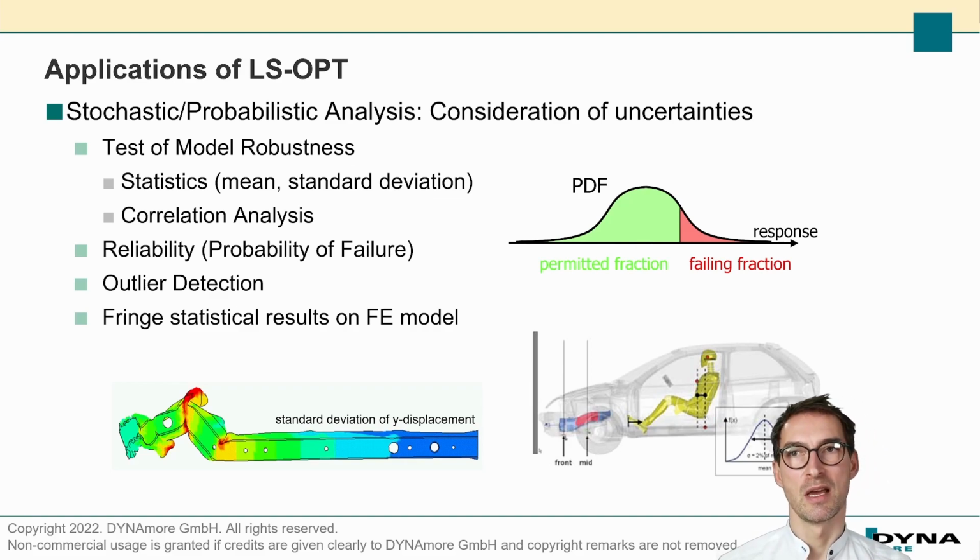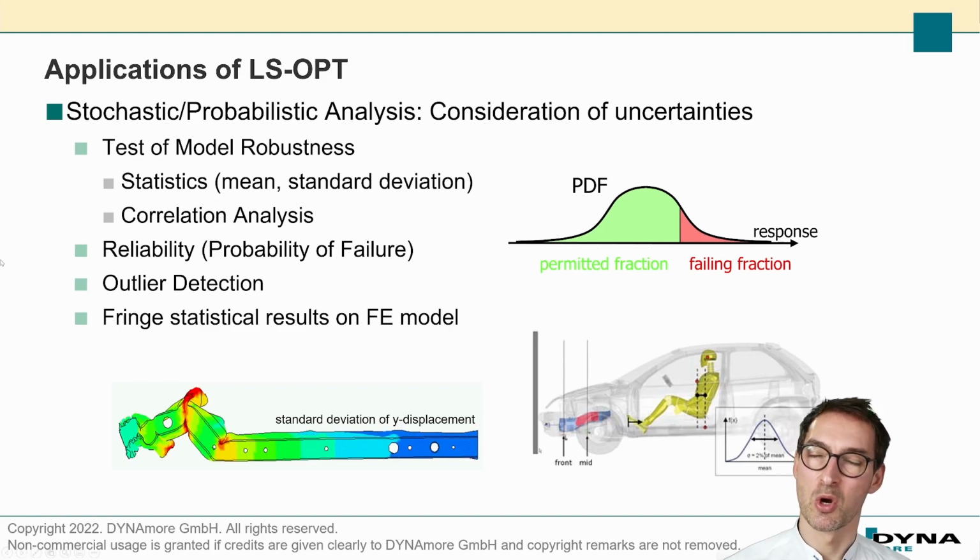And the question is, if I have a certain probability in the change of my input parameters, what's the probability distribution of the outcome? So you feed some probability in and you get some probability out. Also really helpful to cope with uncertainties in your input parameters, sheet metal thickness, material properties, and so on. So you can deal with this one.